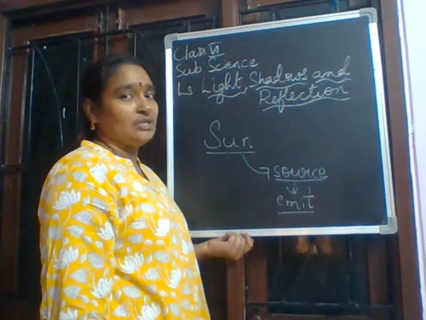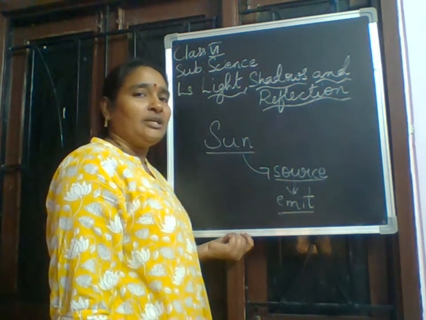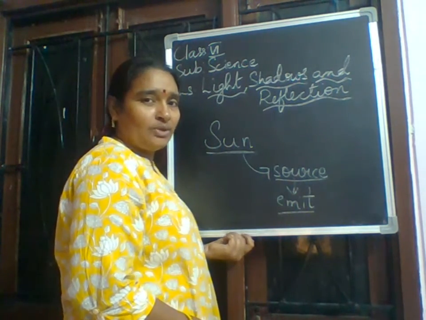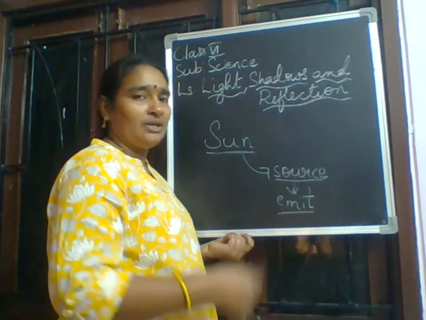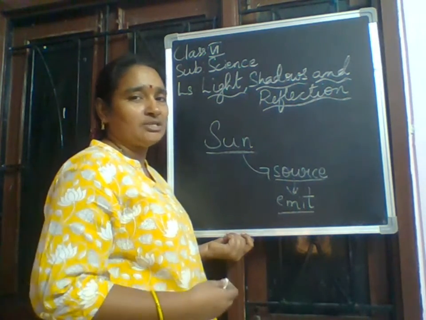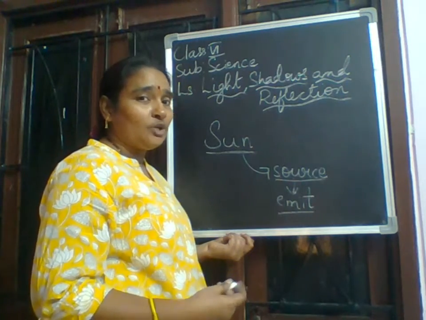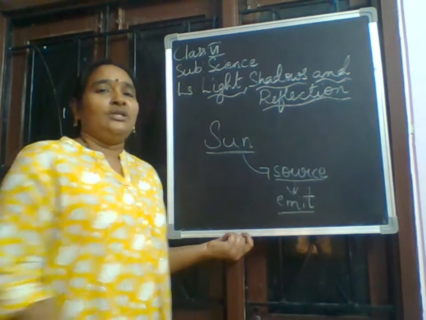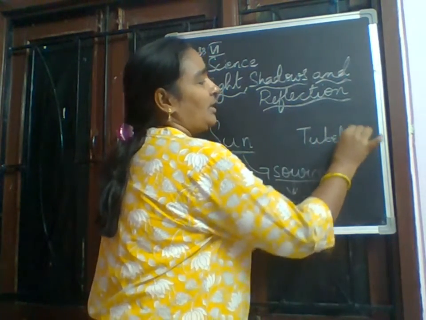Now we will see the different sources of light in our daily life. The sun is one. When night starts, you switch on the tube light in your homes. That means a tube light is also a source of light.